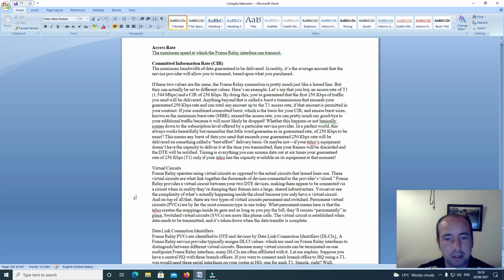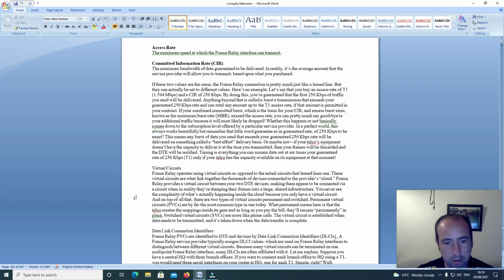In a perfect world, this always works beautifully, but remember the little word guarantees, as in guaranteed rate of 256 kbps to be exact. This means any burst of data you send that exceeds your guaranteed 256 kbps will be delivered on a best effort delivery basis, or maybe not.